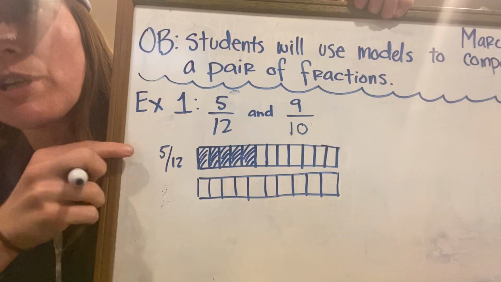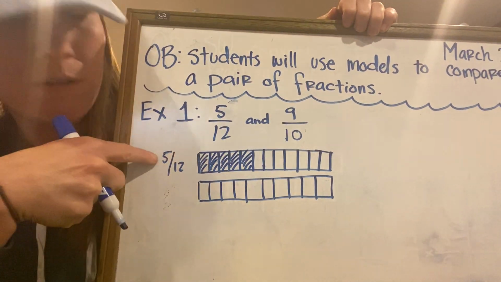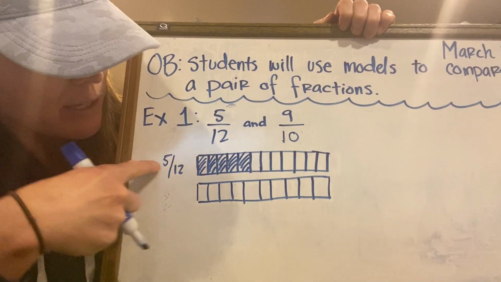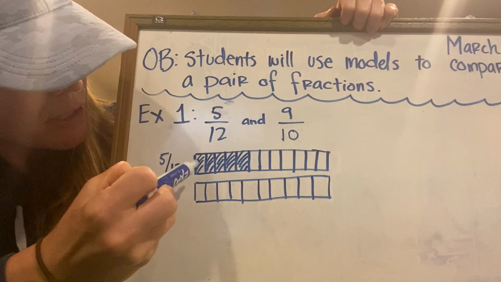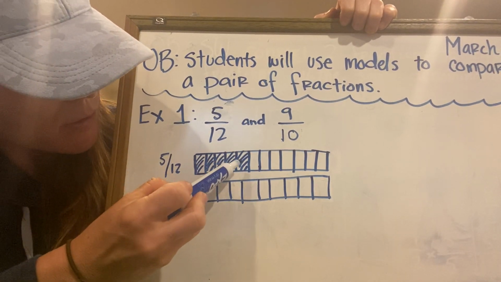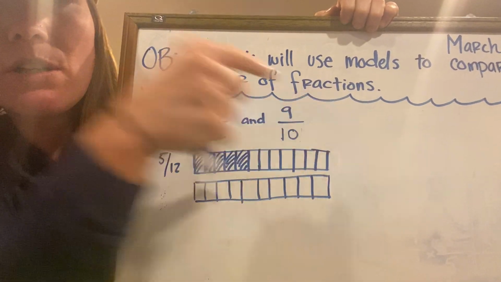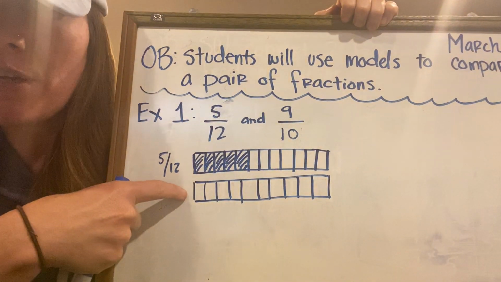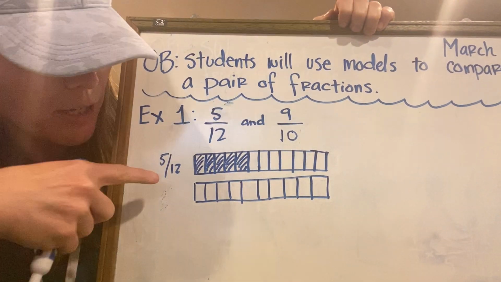Notice now, I labeled this fraction model 5/12, and I've shaded in 5 parts of those 12. 1, 2, 3, 4, 5. Now I'm going to take the fraction 9/10 and correspondingly shade in 9 parts, and I'll label it.